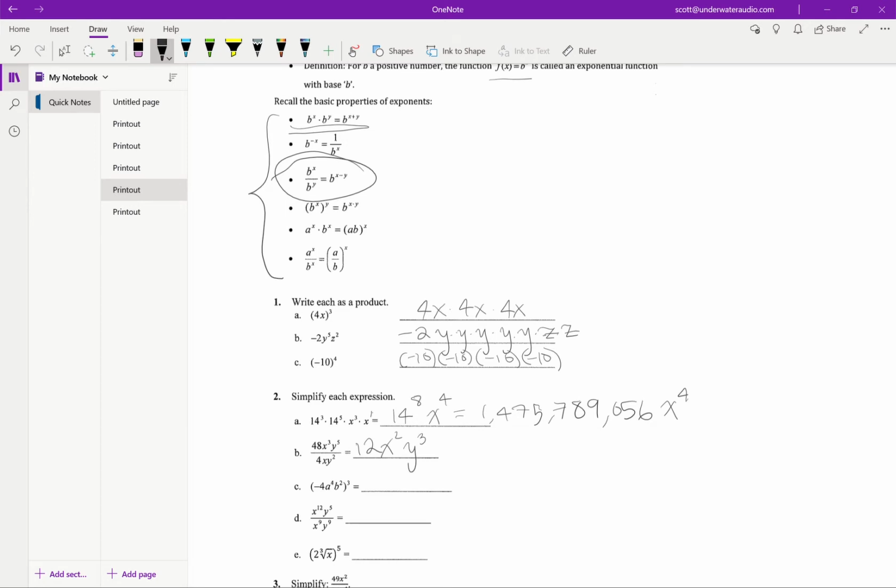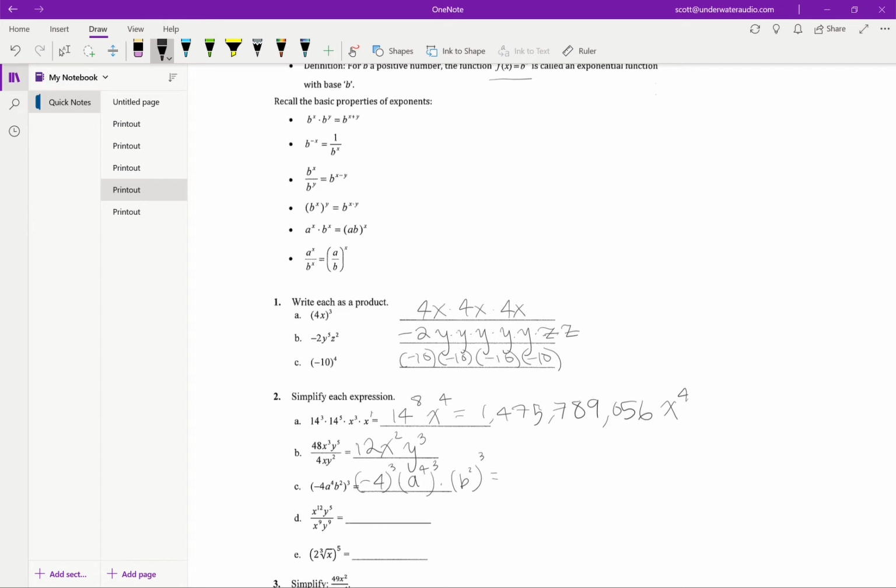Part C, so I'm multiplying it by itself 3 times. I could do that, or I could use this rule right here. I have a rule that says if I have some parentheses to the third power, I can just do each thing to the third power. So negative 4 to the third power times a to the fourth, also to the third power, times b squared to the third power.